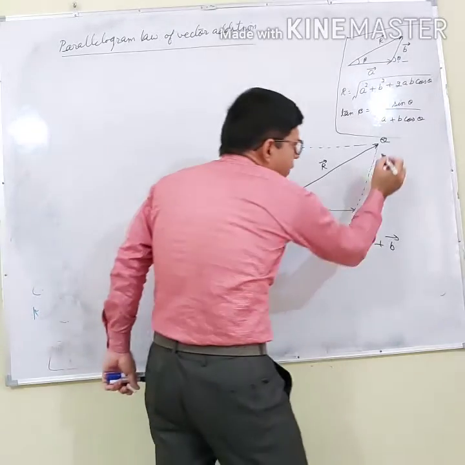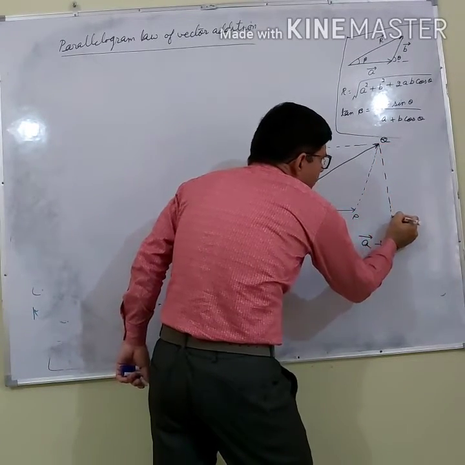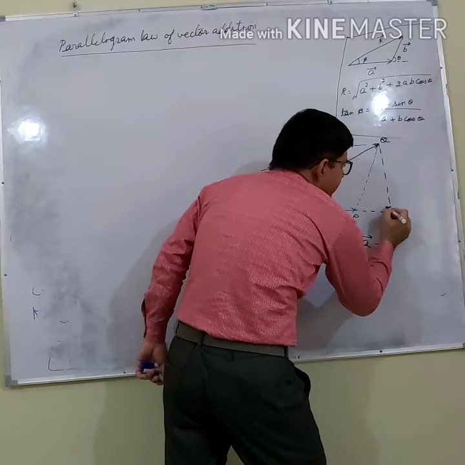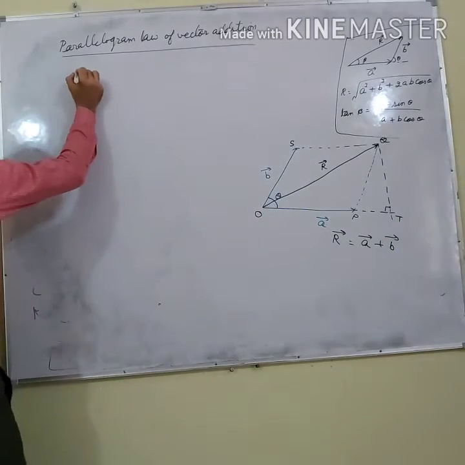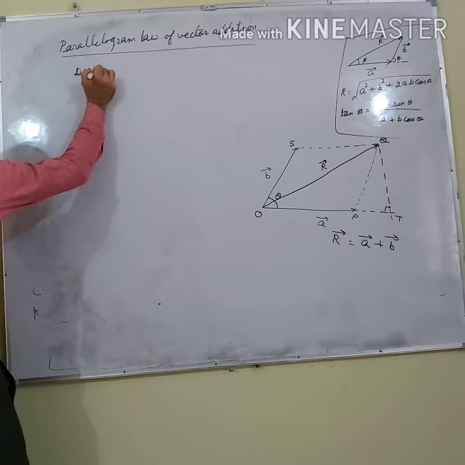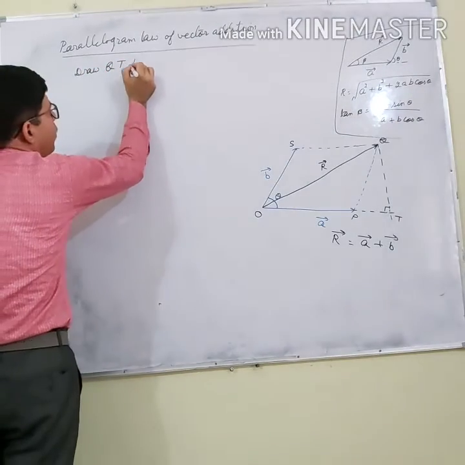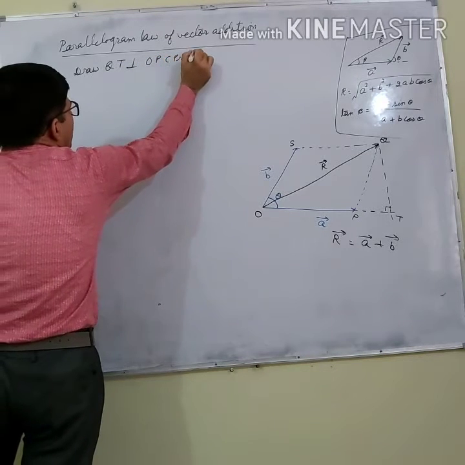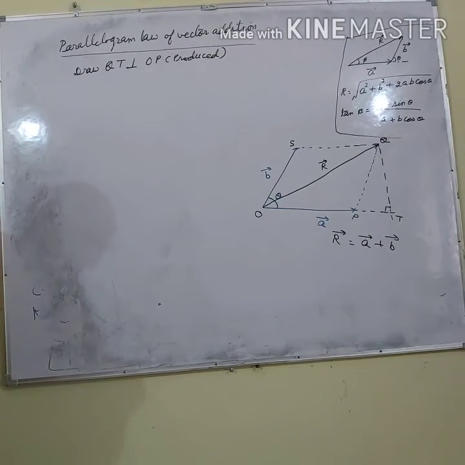So from point Q, what do we do? We draw a right angle on OP produced. Let us say this is the right angle, and so draw QT perpendicular to OP produced. Draw QT perpendicular to OP produced.